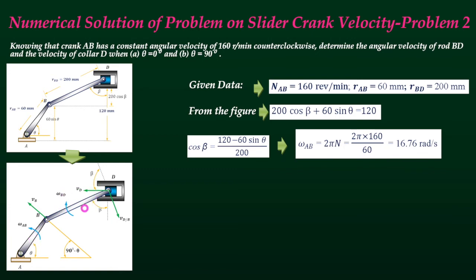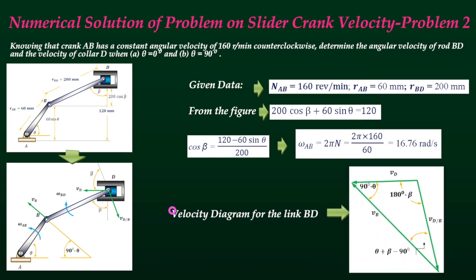Omega BD is rotating in the clockwise direction, and as usual the point D is moving left. Hence, if we assume that the angle here is beta for simplicity of our calculation, and using this equation, we can get the value of beta.